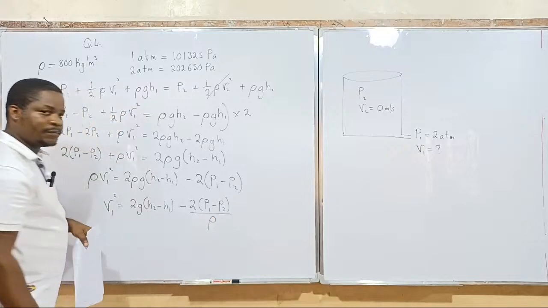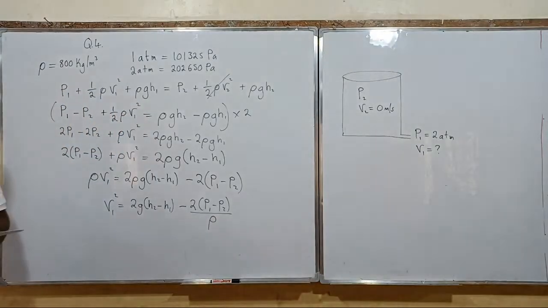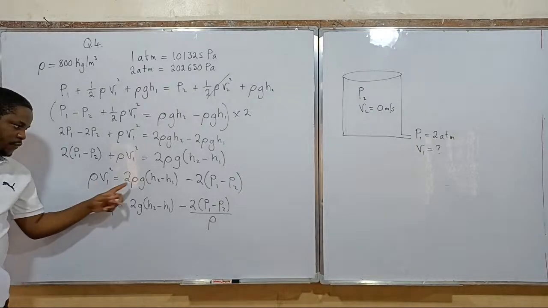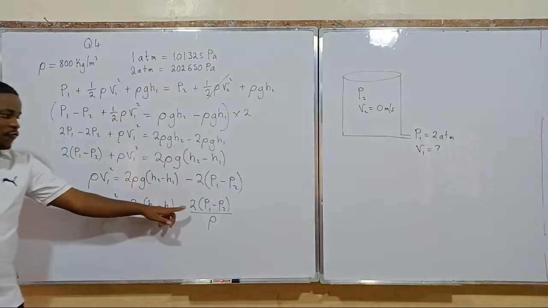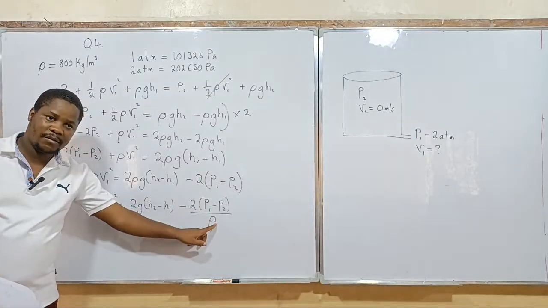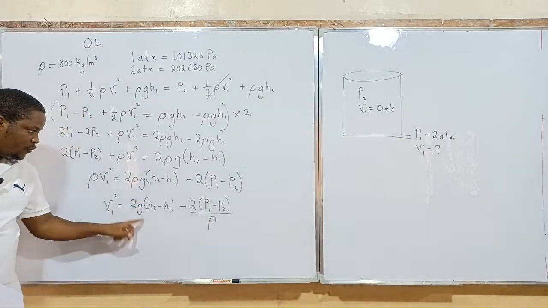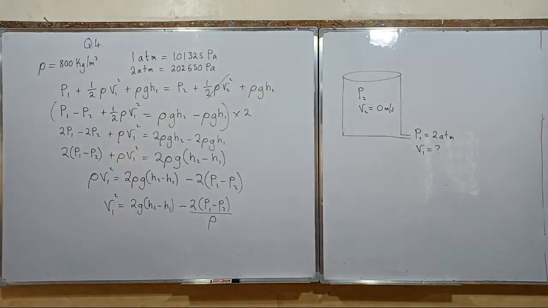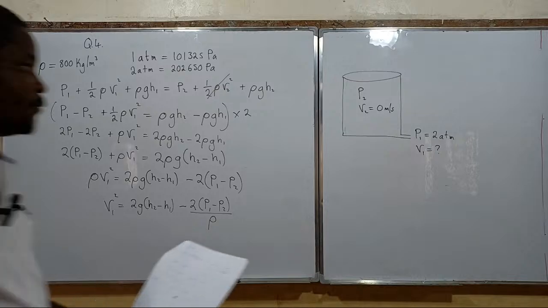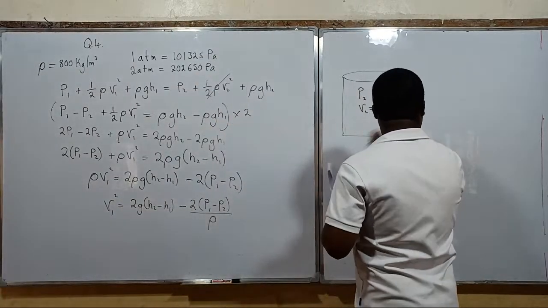Have you seen what has happened? Remember, if we divide this by rho, this rho will cancel for this part. If we divide the rho here, there's no rho, so that's why you have it there. But on this part, even if you have rho, it will still cancel this rho. That's why I didn't write it there. Okay, let me clear this.